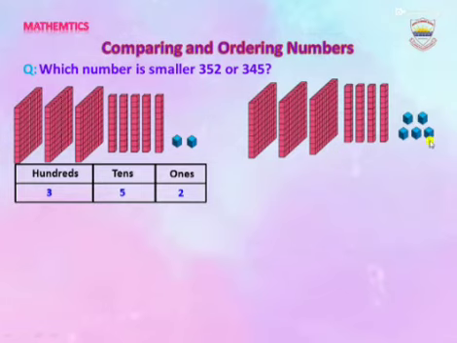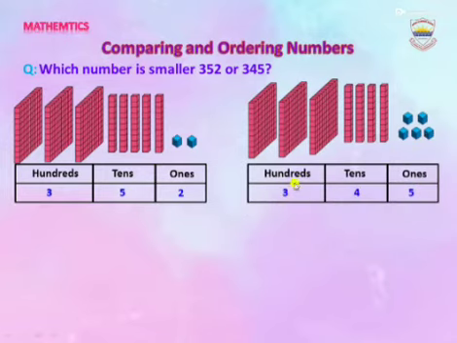Yes, we have 5 ones. It means 300, 4 tens and 5 ones. What is the number? The number is 345.